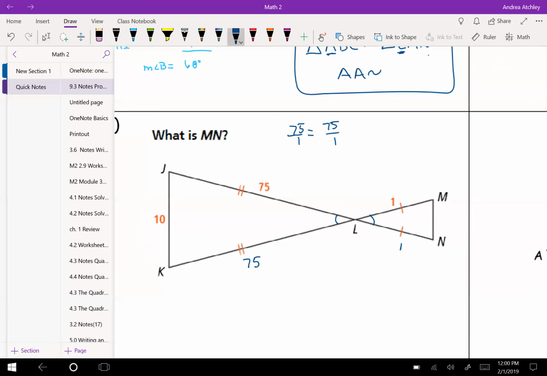And then we have their included angle congruent. Angle JLK is congruent to angle MLN because vertical angles are congruent.